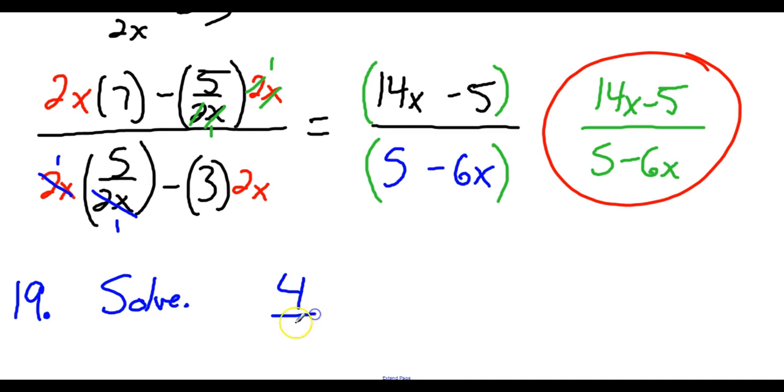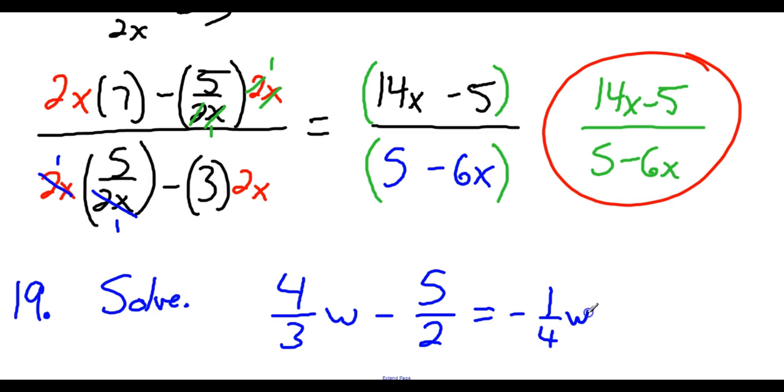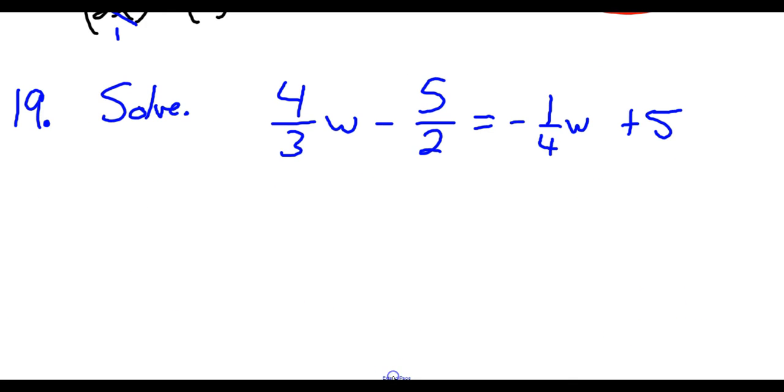We have 4/3 W minus 5 over 2 equals negative 1/4 W plus 5. Okay.